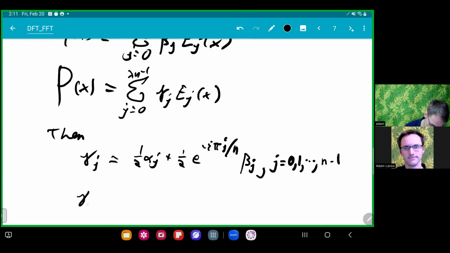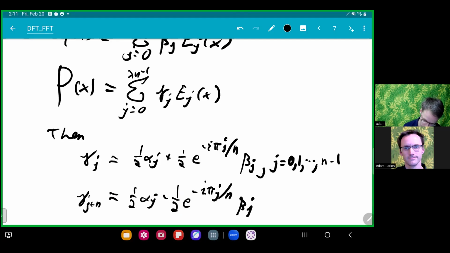And then the rest of them, which I'll write as gamma j plus n, j will go over the same range. This is 1/2 alpha j minus 1/2 e to the minus i pi j divided by n times beta j. And again, j goes from 0 up through n minus 1 because we have this little plus n here. In fact, maybe this is worth commenting on just one point here. You might have noticed that we're taking just positive coefficients on these things.